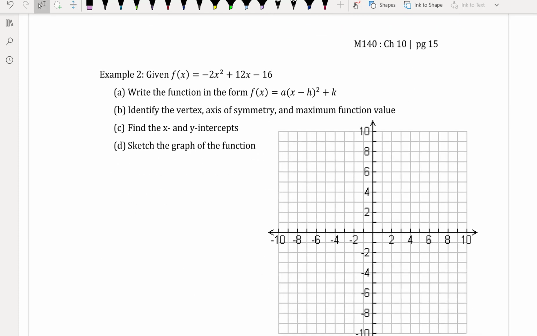For the next example, we have this. So it says to write the function in this form. So, okay, I can do that. So originally I have that my f of x is equal to a -2 x squared plus 12x minus 16. So I'm going to go ahead and factor out a -2 from here.